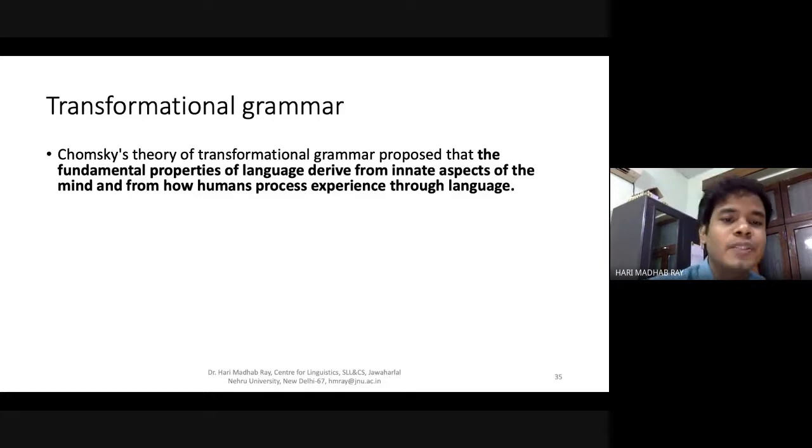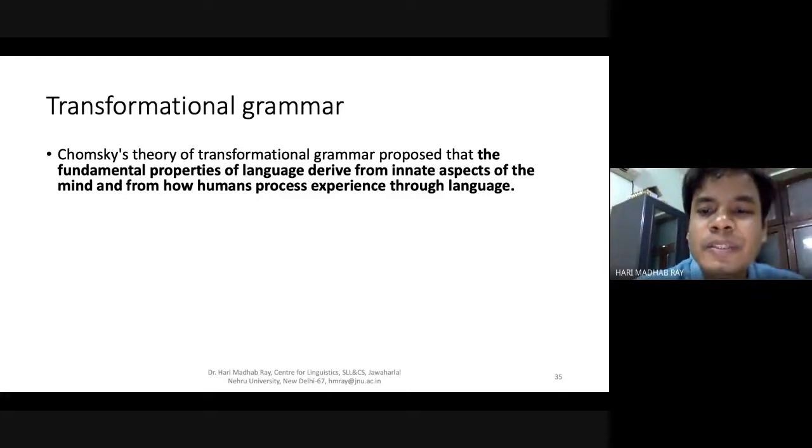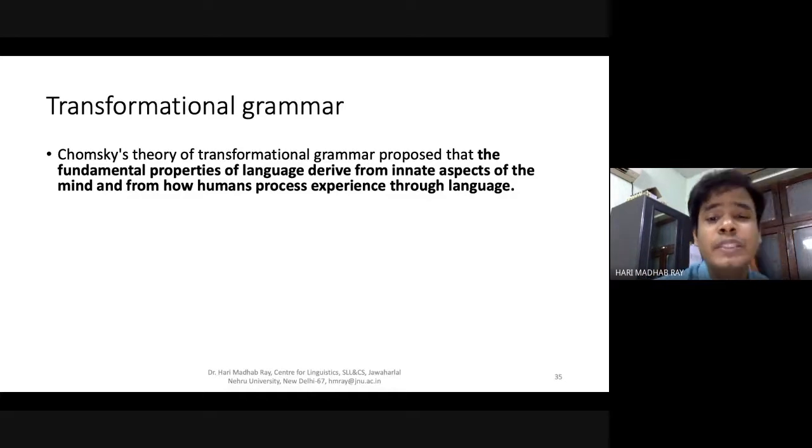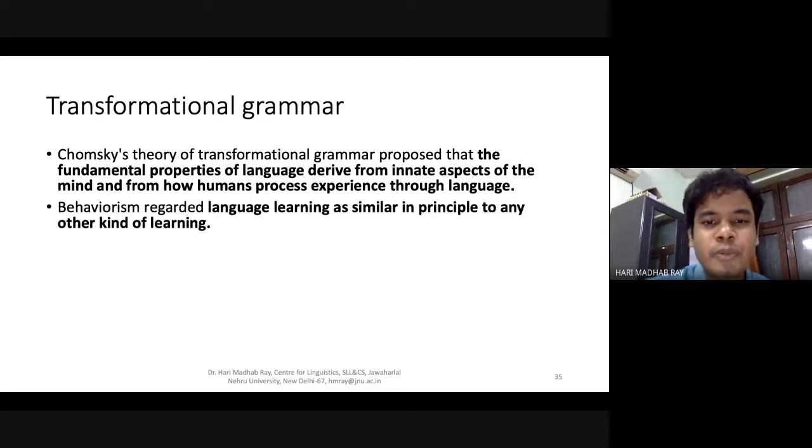When transformational grammar came into the picture, Chomsky's theory proposed that the fundamental properties of language derived from innate aspects of the mind and from how humans process experience through language. So the whole mentalist tradition you were aware of.